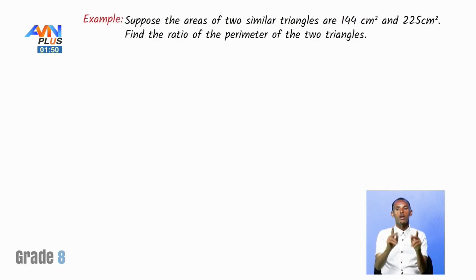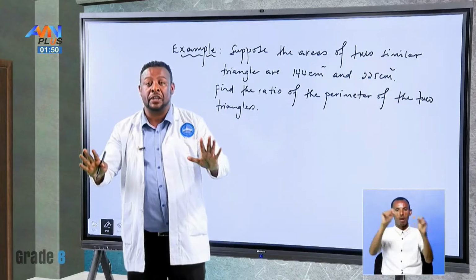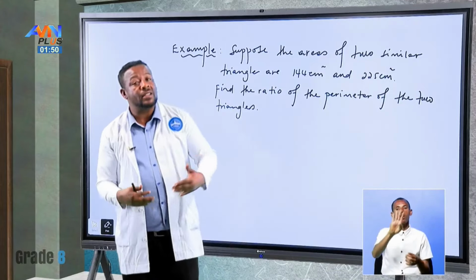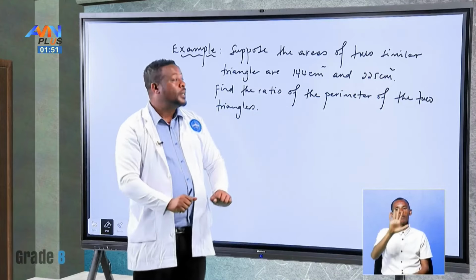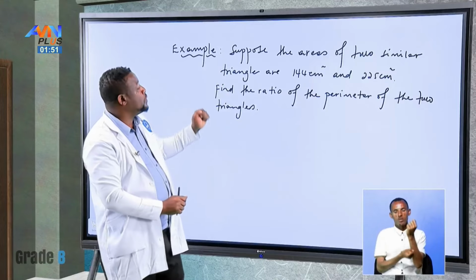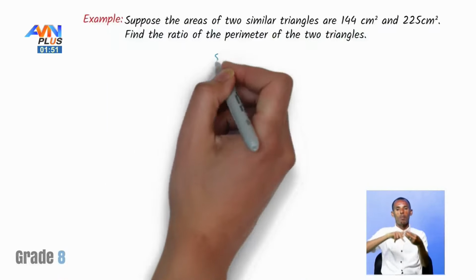Here, the areas of two similar triangles are given. One is 144 centimeters square and the other is 225 centimeters square. Based on this information, we are asked to find the ratio of the perimeters of the two triangles.